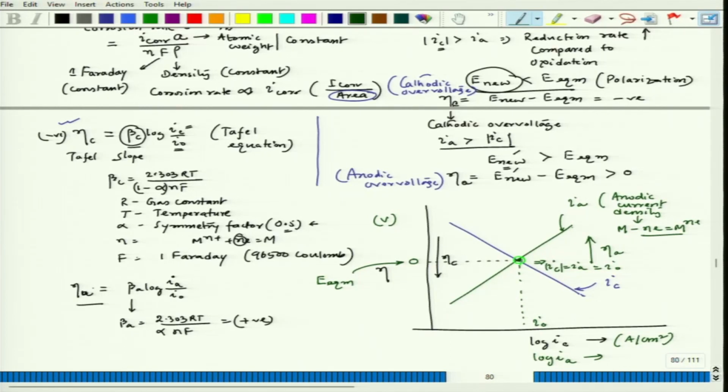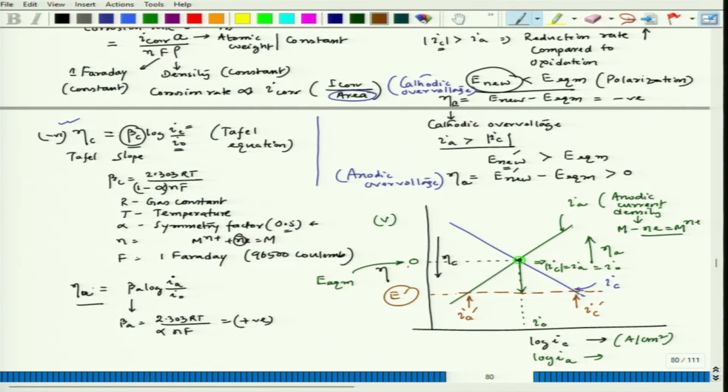So, this is my equilibrium point, if we can take the potential downwards. So, let us say I take the potential at this location, and if we take it there, what will be my IC? IC would be this, let us say prime, and what will be Ia? This will be Ia prime, and this potential let us say E prime, and what is the position of this E prime?